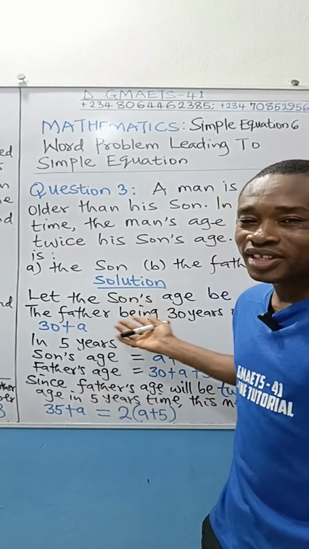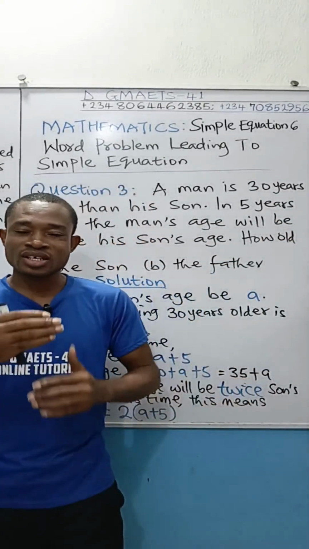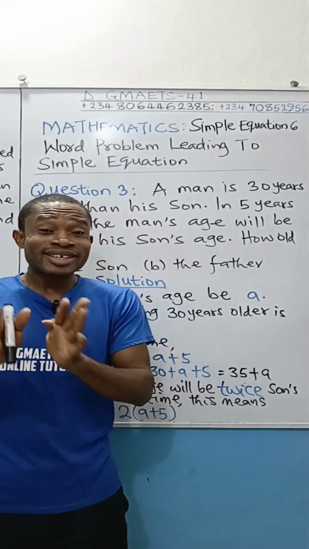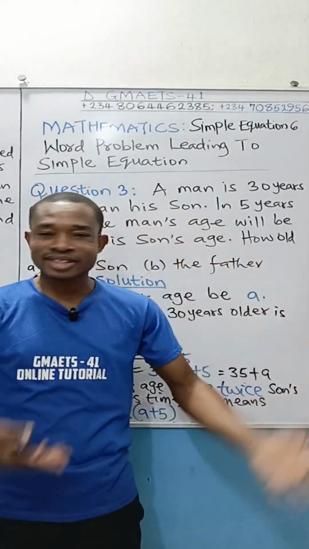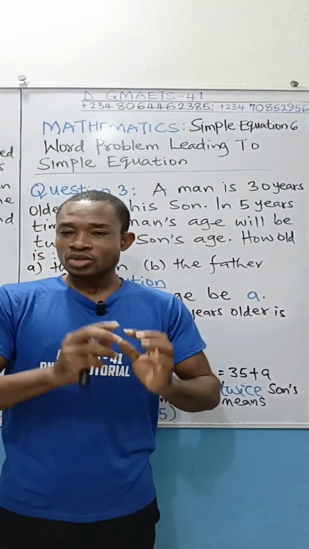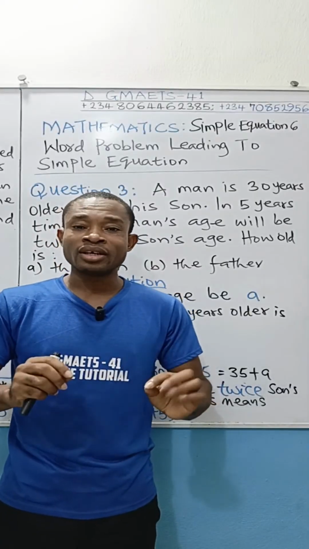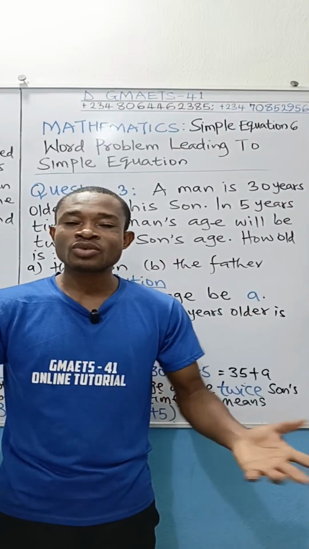I could have solved these since, but you know, here, for our basic scholars, what GMAETS41 does is try to build the foundation first. It has not been long since we started these classes for basic scholars. So gradually, so that you can understand this whole thing, and then time will soon come when I will be fast in solving questions.